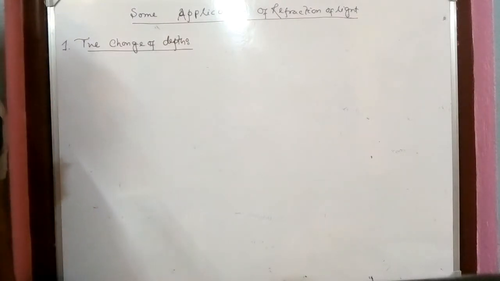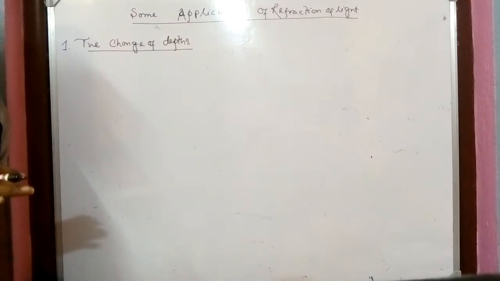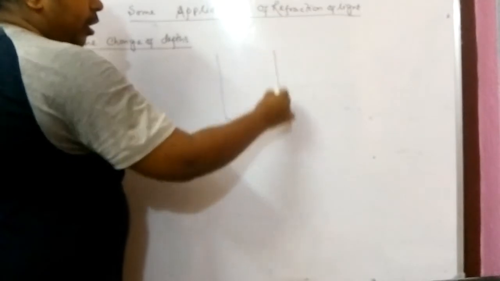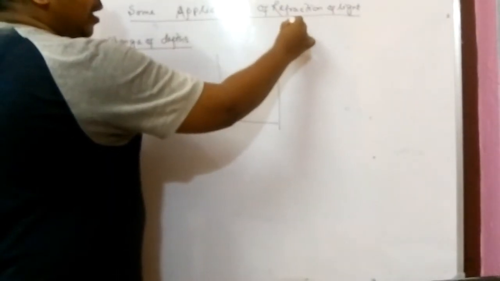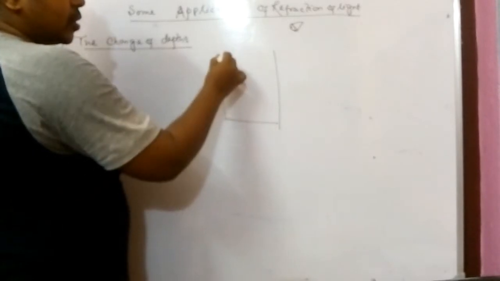Whenever we have seen a vessel from the top, making an angle, the depth of the vessel seems to be decreased. Okay, so assume it is a vessel, and if we see it at an angle, it seems that the actual depth is not just like this.